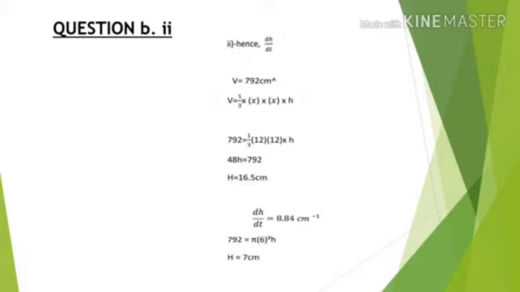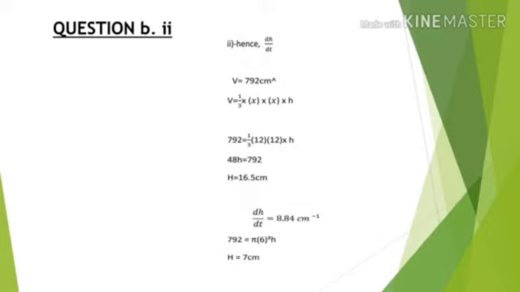Using the volume of a square pyramid, 1 over 3 pi r square h, substitute volume V as 792 cube and the radius of 12 cm into the equation to get H, which is 16.5 cm.